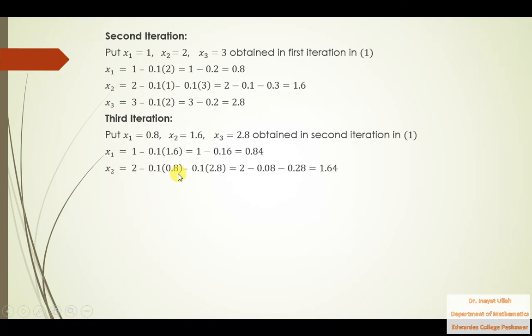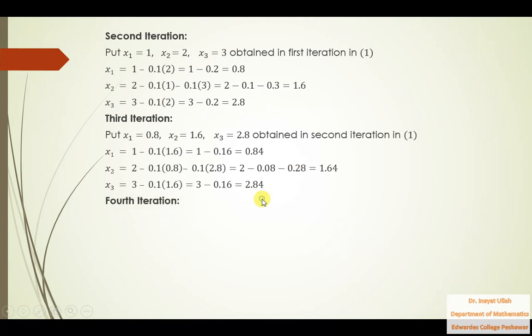In the second equation x2 is equal to 2 minus 0.1 into x1 and x3. x1 is 0.8, x3 is 2.8 to get the new value of x2, which is 1.64. And in the third equation x3 is equal to 3 minus 0.1 into x2, but x2 is 1.6, so 3 minus 0.16 is 2.84. So these are the new values of x1, x2 and x3.